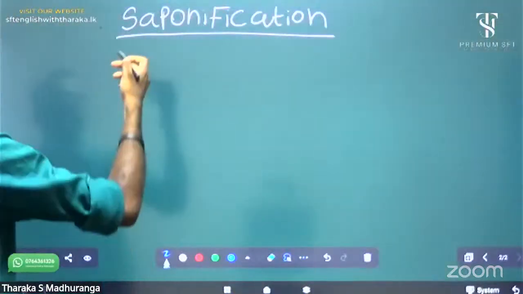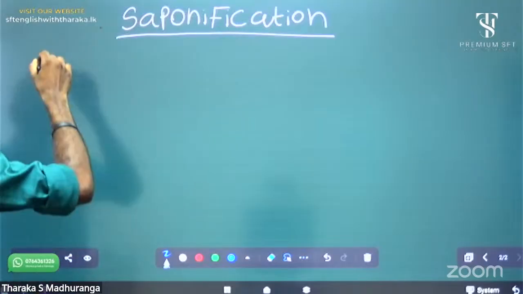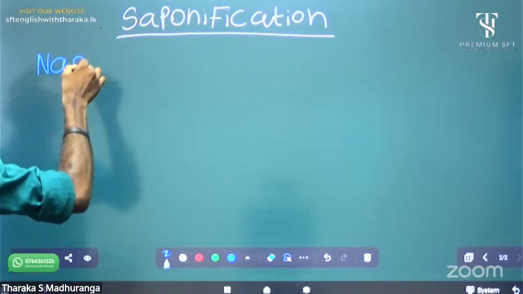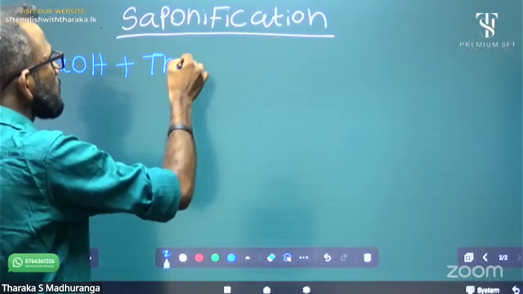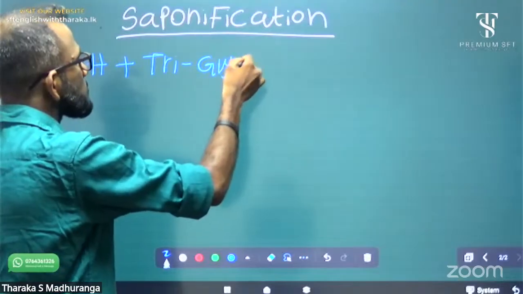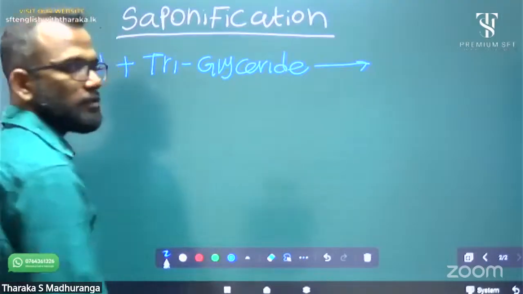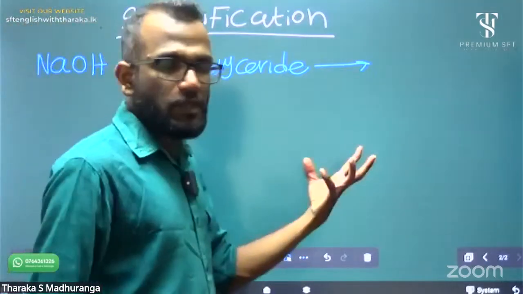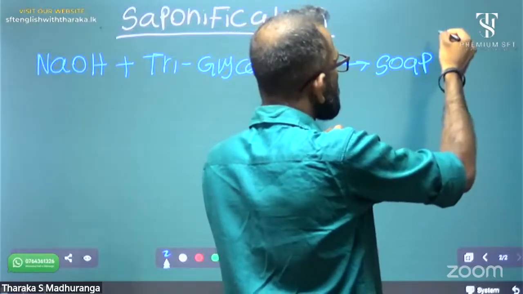In saponification, what happened? Sodium hydroxide, that means caustic soda, reacts with triglyceride, and it produces soap. Soap is our product.